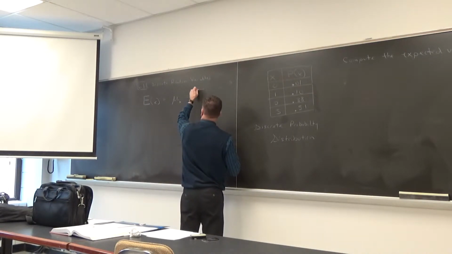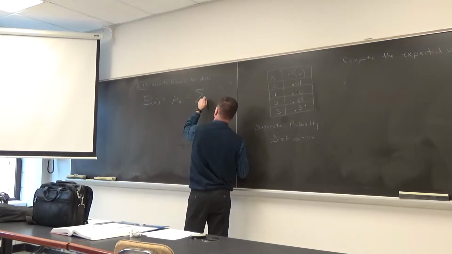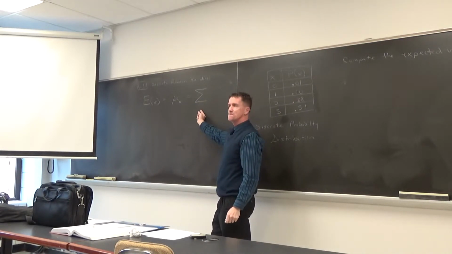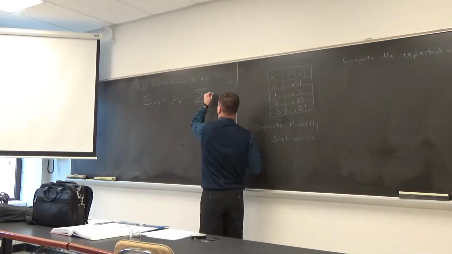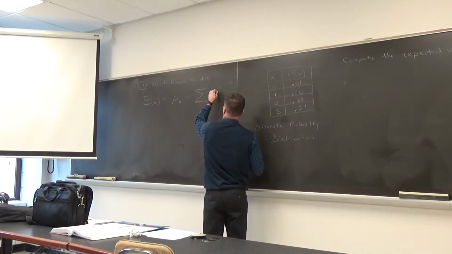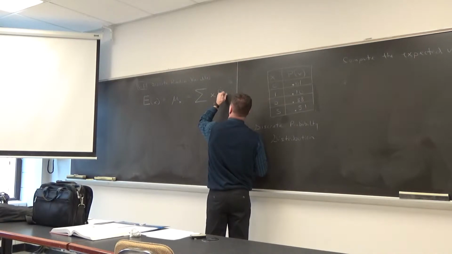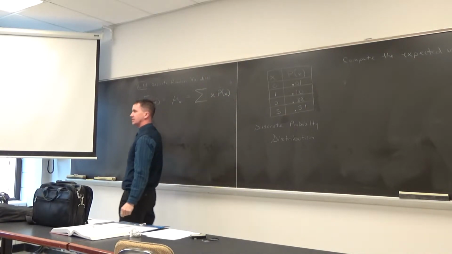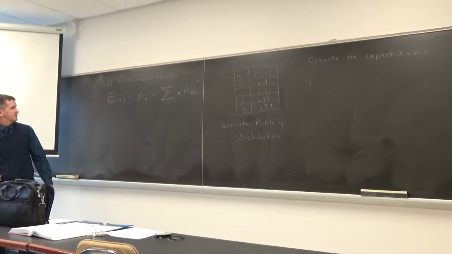And all we're going to do is, I know you know that symbol, summation, right? All right, we're going to sum the products, x times p of x. When this is called that big E, you can write in notes expected value.